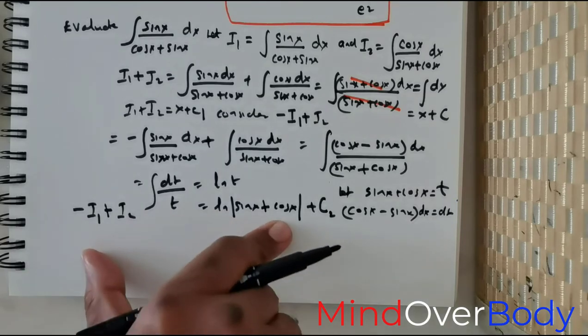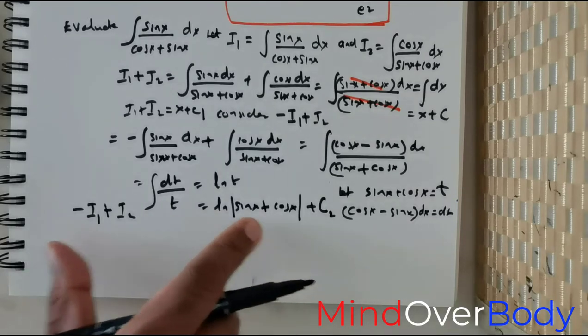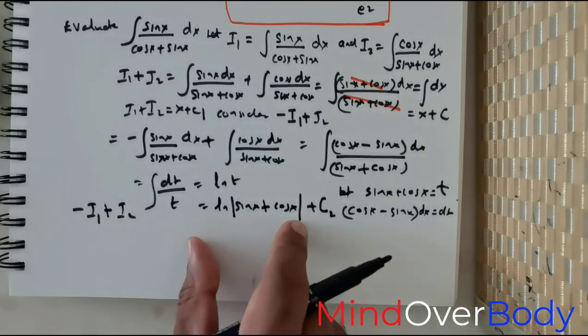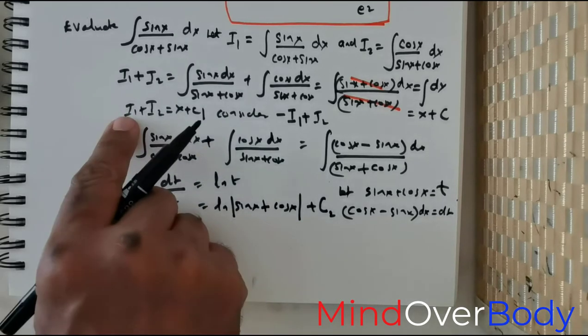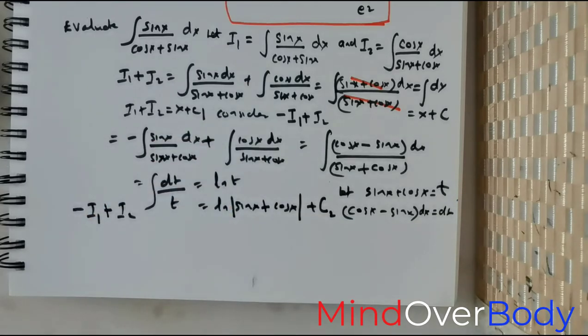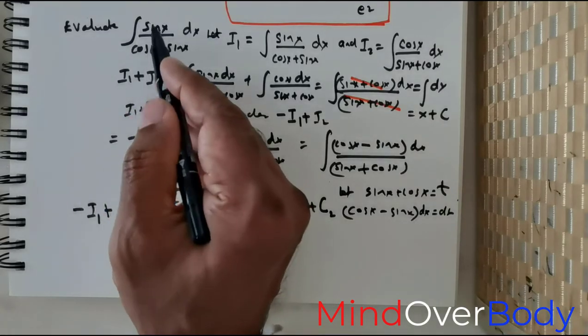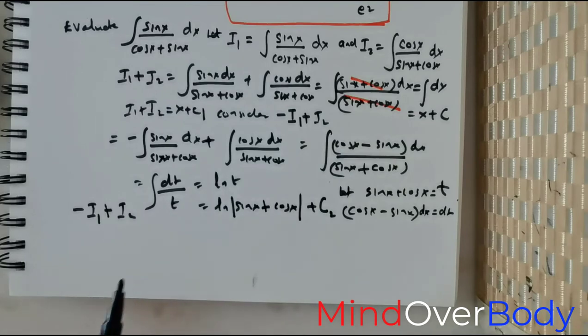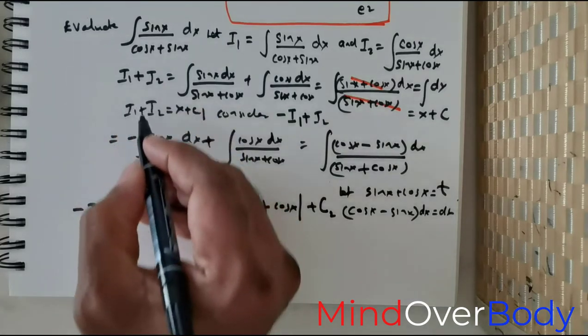Now we have two equations actually. We got negative I1 added with I2 to be the quantity that you see here, and I1 added with I2 the quantity that you see there. Now we are expected to obtain I1. So for that, I need to subtract.